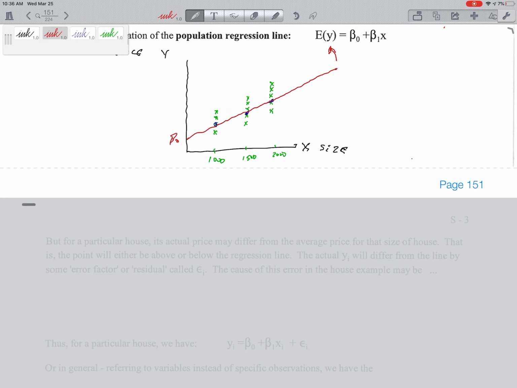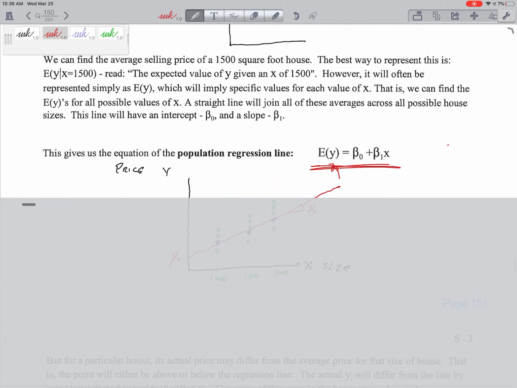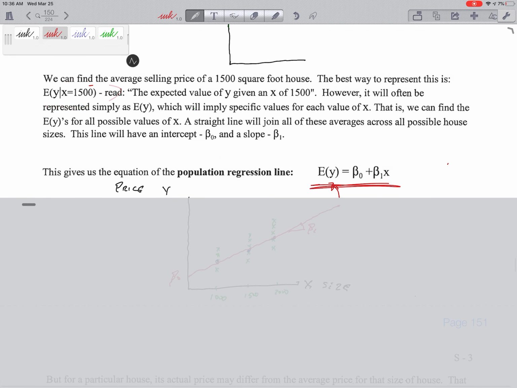And what we would find is that we would have an intercept, which we're going to call beta naught. We always use Greek letters when we're talking about populations. And then this is going to be the slope, beta 1. So here's the regression line right here. The way that we read that then is the average house price for a given x.